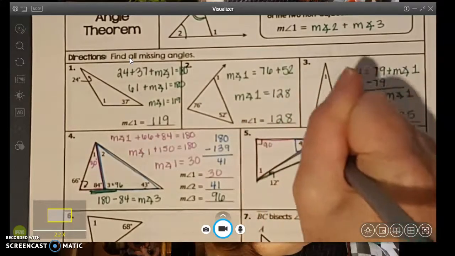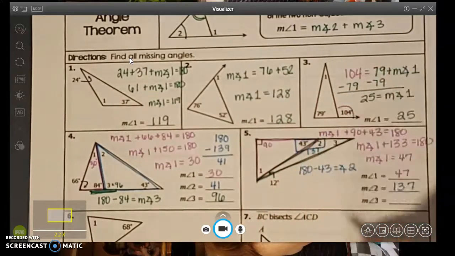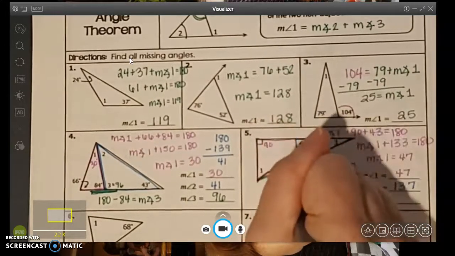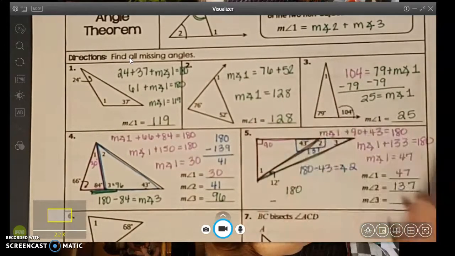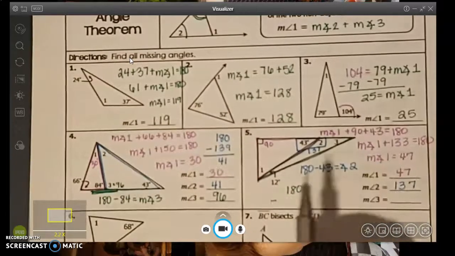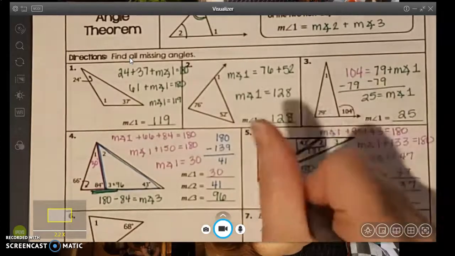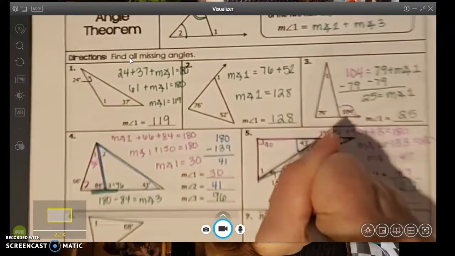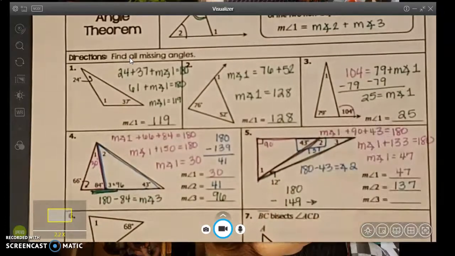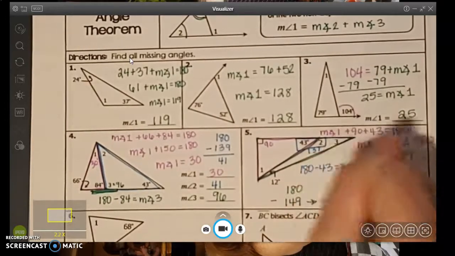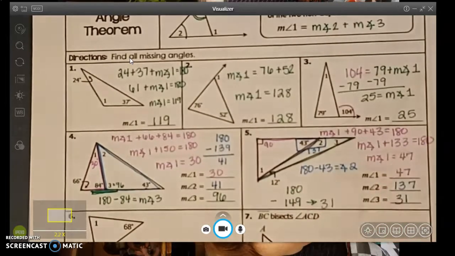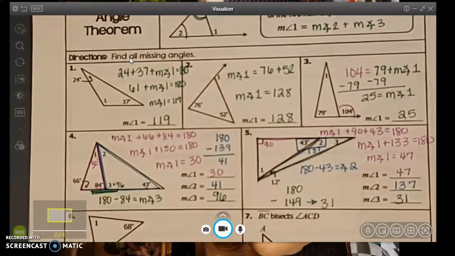I'm given two angles, so if I do 180 minus the sum of 137 and 12, that's 149, and 180 minus 149 is equal to 31.